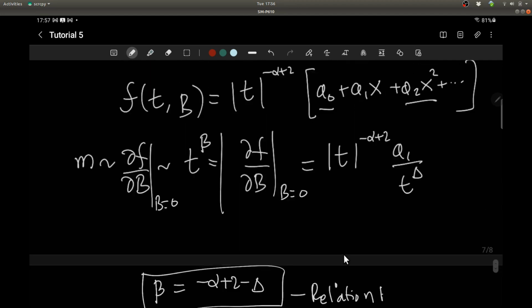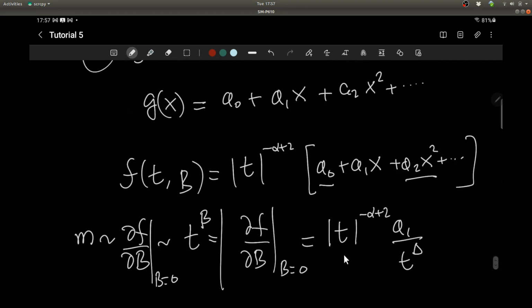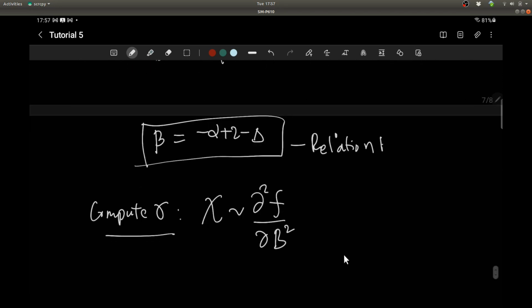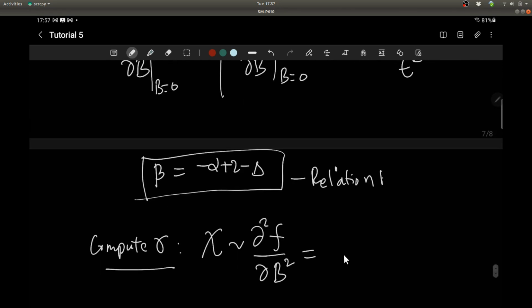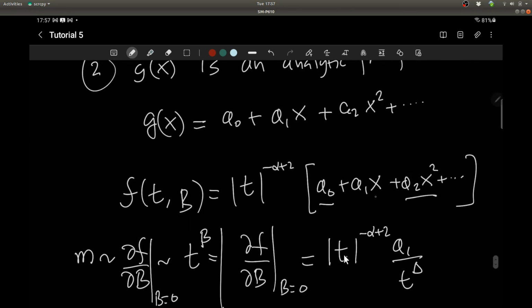Now let's come back here again. We have to take two derivatives with respect to b. There will be several terms, but the leading term is what we want. You can see this is proportional to b, and this is proportional to b square. So when you take derivatives, the a0 and a1 terms won't contribute, and only this term will contribute.